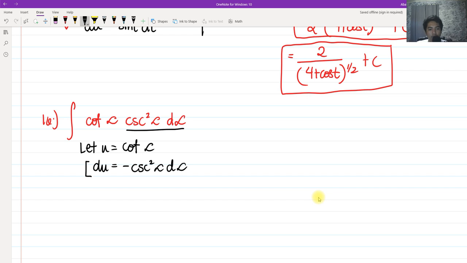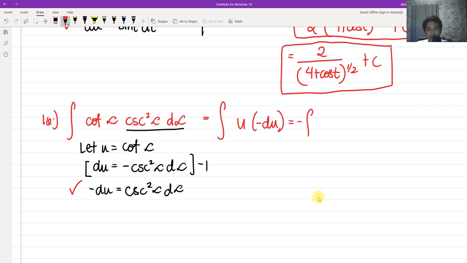So I'm going to multiply negative both sides of the equation of this du. So we have negative du. Then we have cosecant squared alpha d alpha. So that we can now perform u substitution. So cotangent alpha would be u, and cosecant squared alpha d alpha would be negative du. Okay? So we have negative du in here.